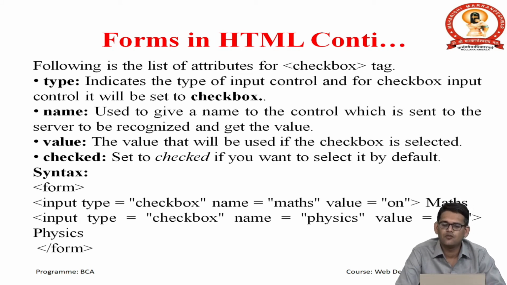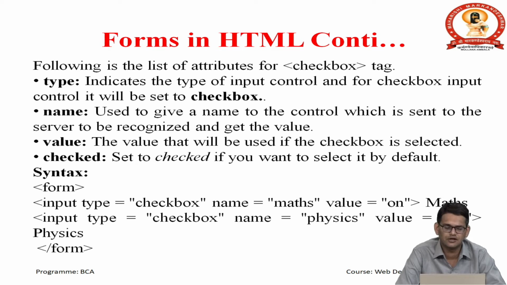Now the form control attributes for checkboxes. A checkbox also contains type, which indicates the type of control, and it will be set to checkbox. Next one is name, which is sent to the server for recognition purposes. Next one is value, which shows the value if selected or not selected, 0 or 1.